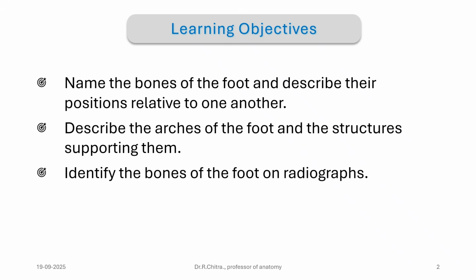Just think of your feet for a half minute. What is its role? Weight bearing stresses under a variety of surfaces and activities that maximize stability and mobility. So in this session we will see the bones of the foot and their relations, arches of the foot and structures supporting them, and to identify the bones of the foot on the radiograph.